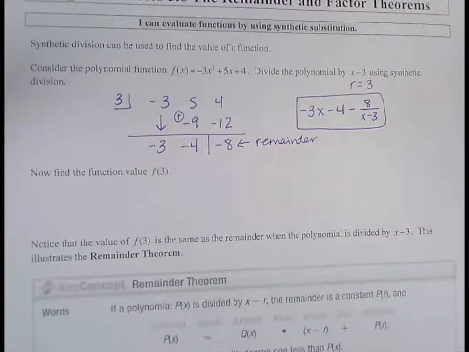That's just a reminder. So, synthetic division: how to set it up, how to work through it. The last number is always your remainder, and remember to fill in the zeros if needed.